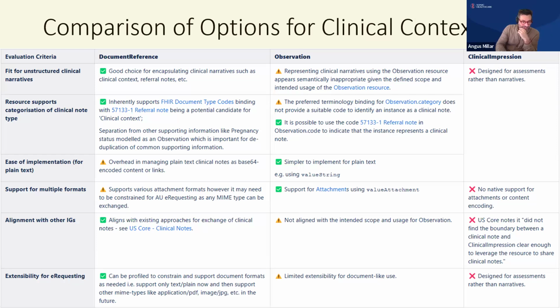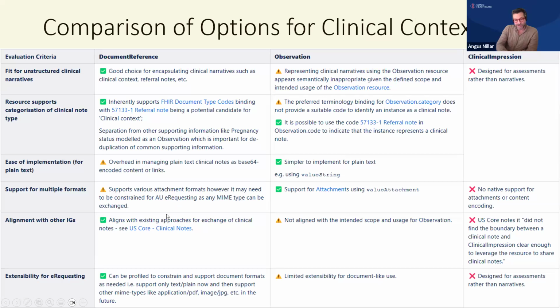Support for multiple formats. So on the left, document reference supports various attachment formats. However, it may need to be constrained for eRequesting, as any MIME type can be exchanged. So what they're saying there is, unless we constrain it, they could put all sorts of things there, like images and PDFs and Excel sheets, but we would look to constrain it to say, no, it must only be text.